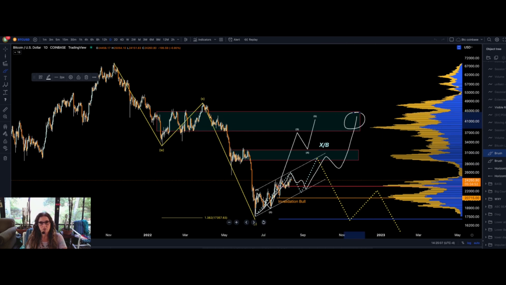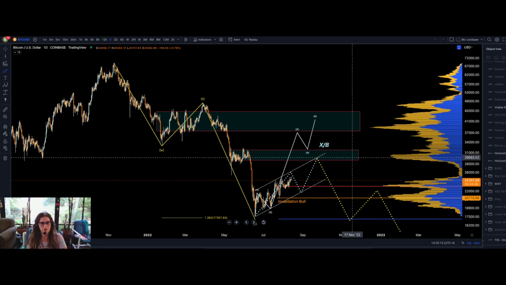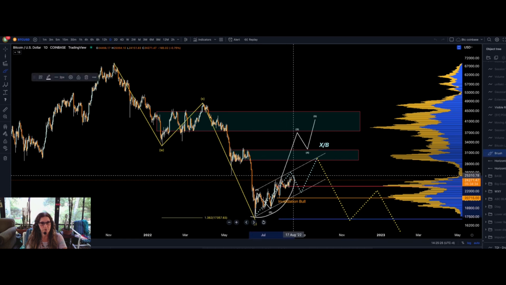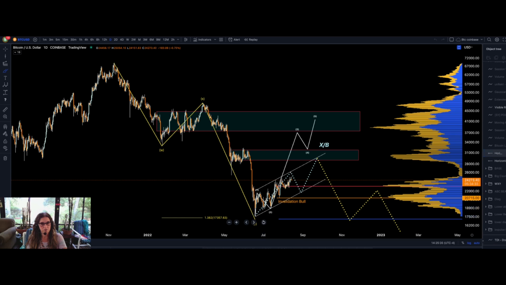Now, the thing about complex structures is they can go many different ways. They are connecting corrections together, and think about all the corrections they could connect together in different ways. So that's why when we get these complex structures, they can be very difficult.